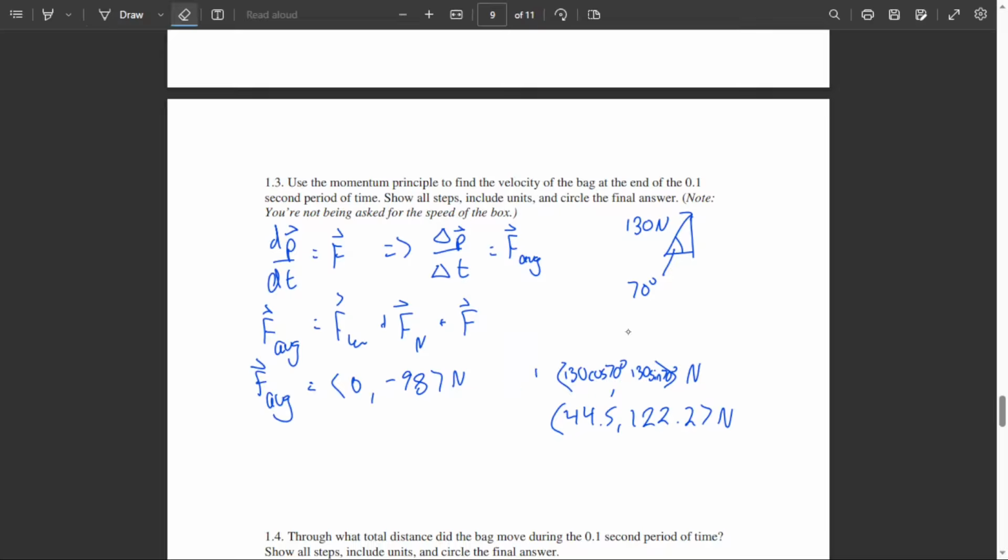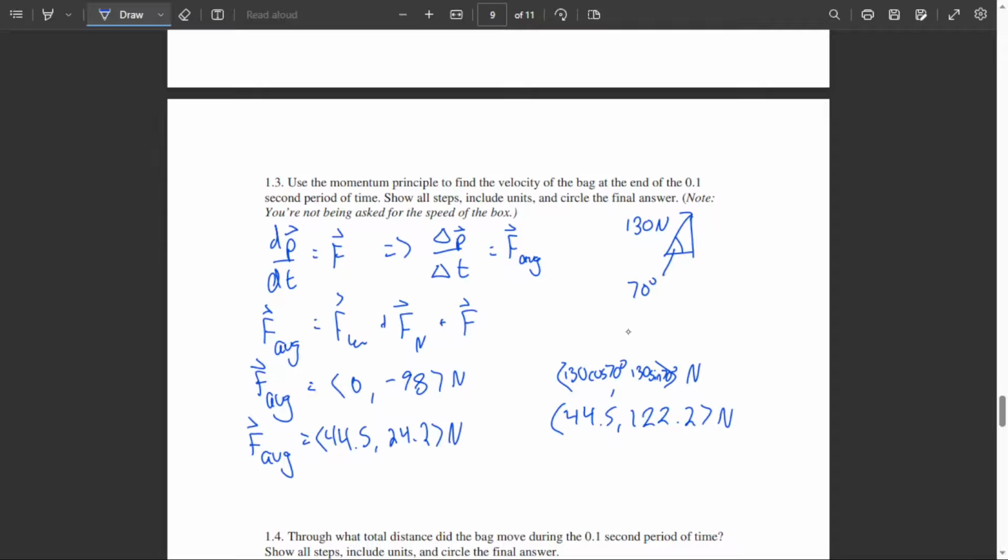So we can ignore that. And then from here, we can find the total average force. Just have to add together our two forces. 122.2 minus 98 is 24.2. So this is our average force.